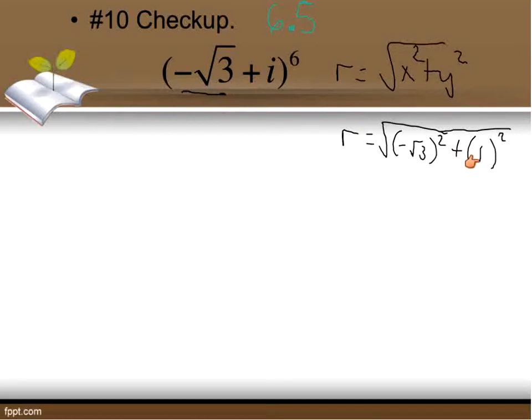So the number in front of my i is a 1, so that's why I put in a 1 there. So negative root 3 squared is going to be 3, and 1 squared is 1. So the square root of 4 is going to give me 2. So I found my R. My R is 2. Any questions on how I found R?